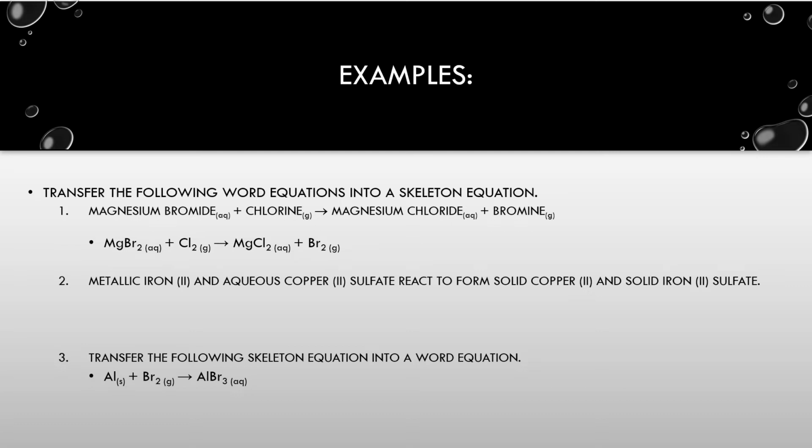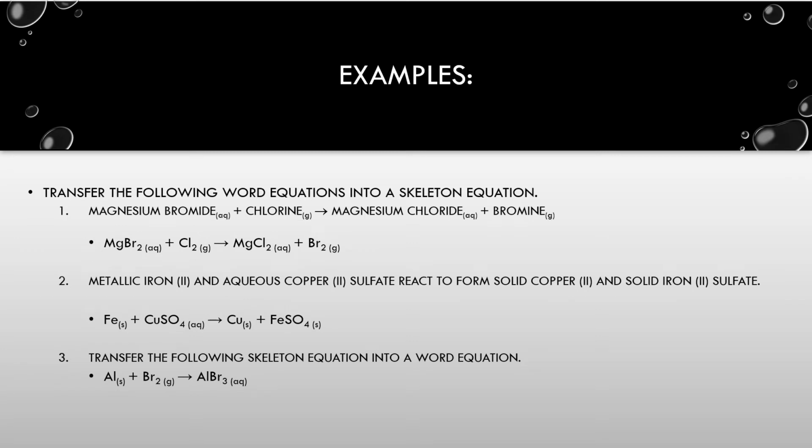Number 2, it says we have metallic iron plus aqueous copper(II) sulfate reacts to form solid copper and solid iron(II) sulfate. Now, when I write this problem, iron by itself is a solid plus copper(II) sulfate as an aqueous solution.